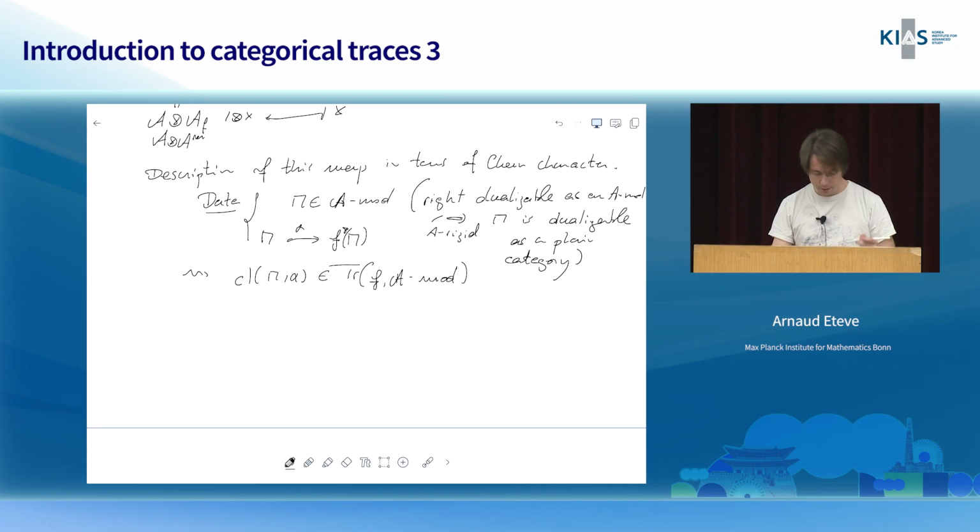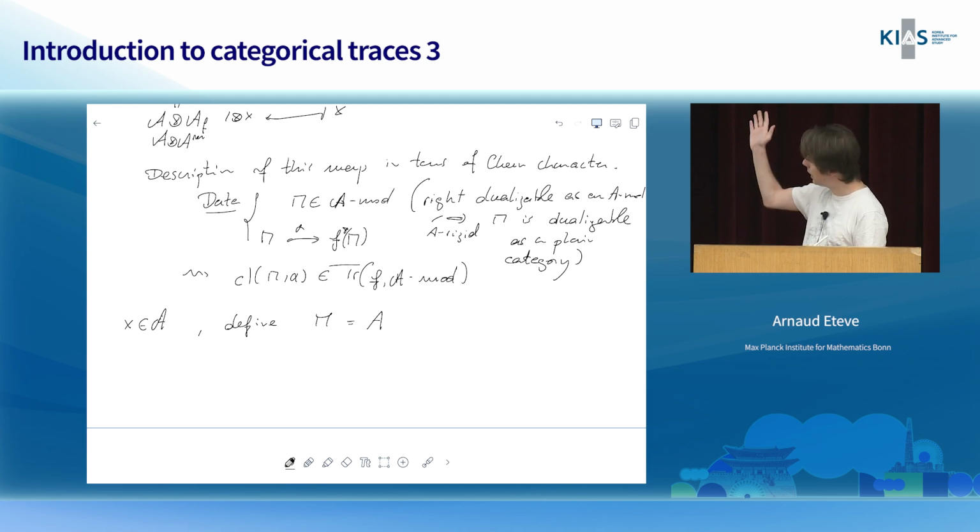And so now if we take X to be an object of A, we can define M to be the category A viewed as a left A module.